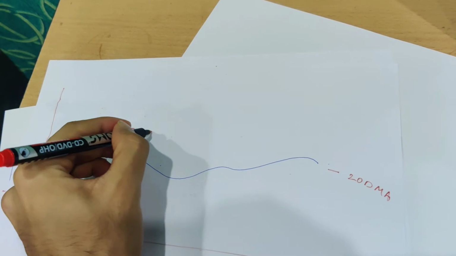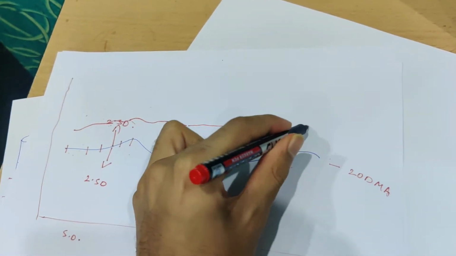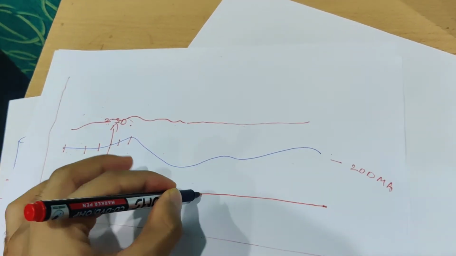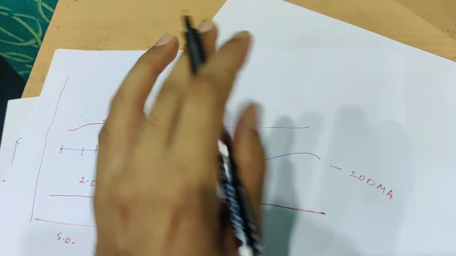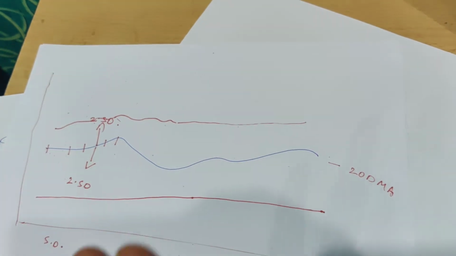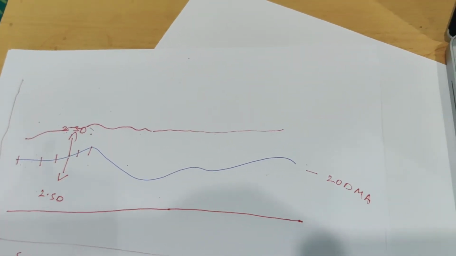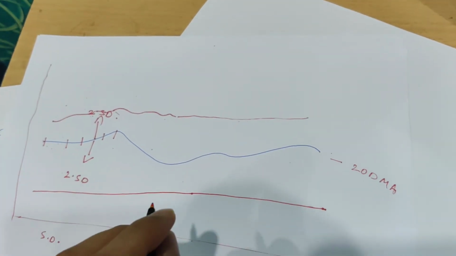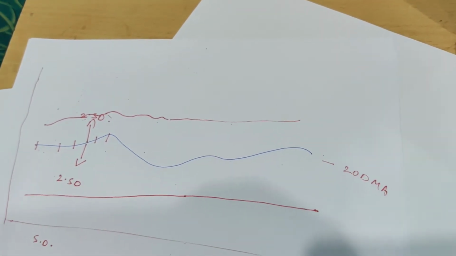It will go according to the 20-day moving average, which is plotted. The middle line in Bollinger Bands in your terminal, which you see as an indicator, is nothing but the 20-day simple moving average.